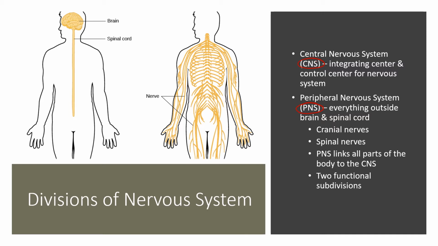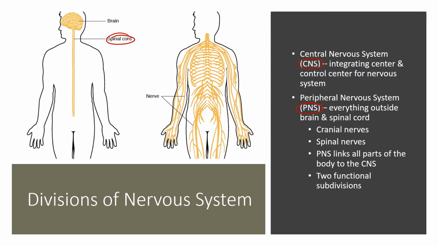The central nervous system includes only the brain and the spinal cord. This is the integrating center and control center for the nervous system. Sensory information comes into the brain, and it interprets that information, it processes it, makes a decision, and then it sends output to somewhere in the body or somewhere else within the brain.